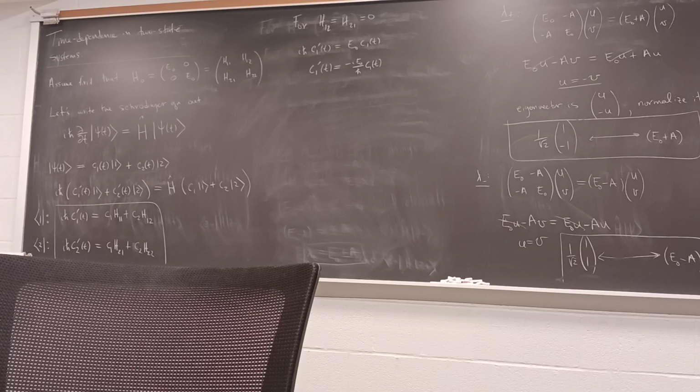So how do we solve that equation? What's the solution to that equation? What are we solving for? C1 of t. So then, natural log of C1, because you bring the C1 over and then you integrate.